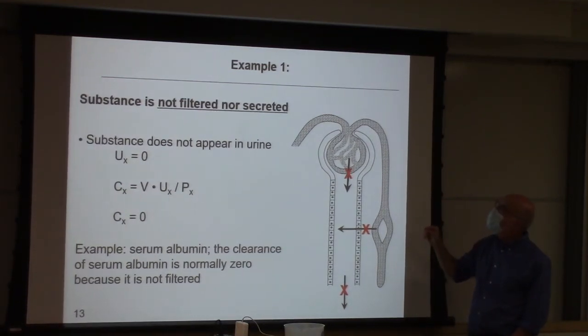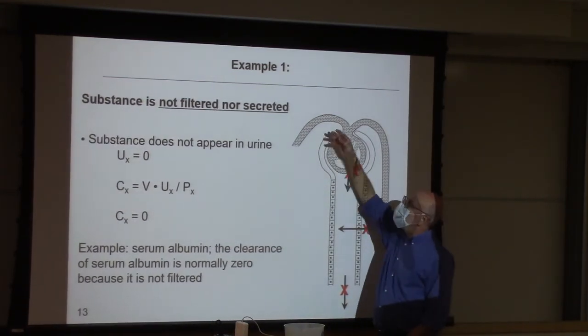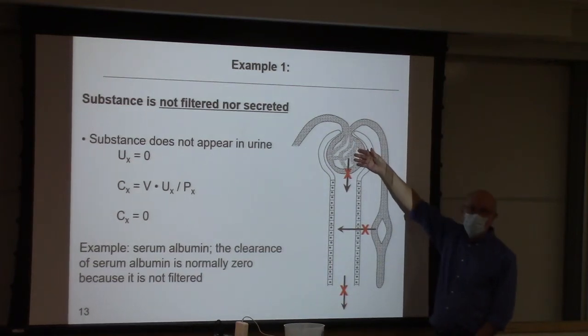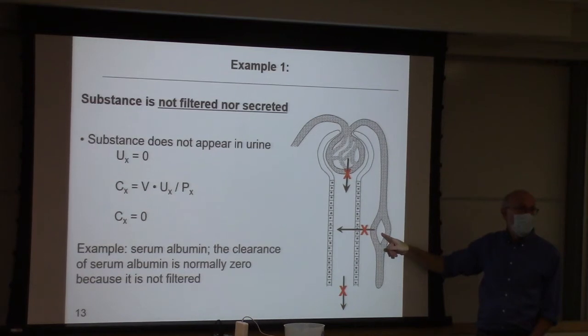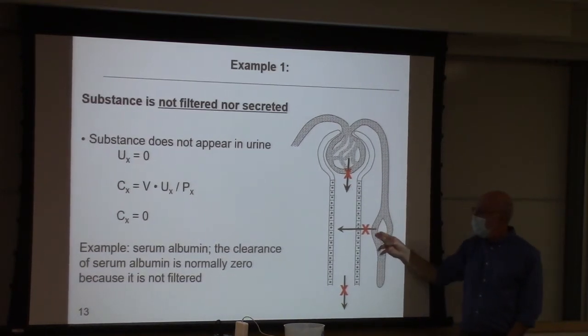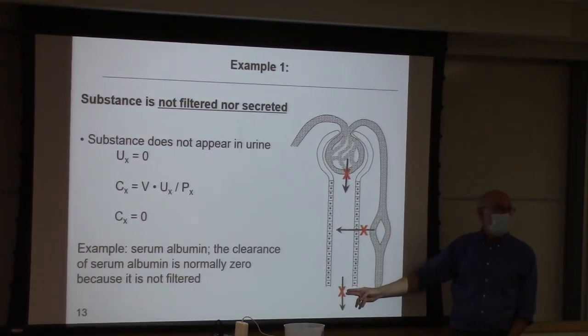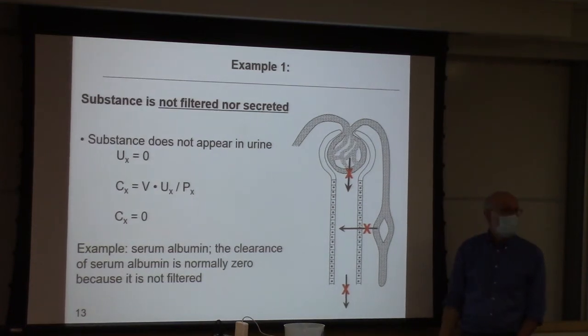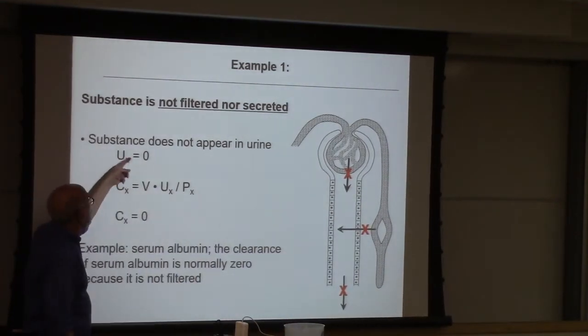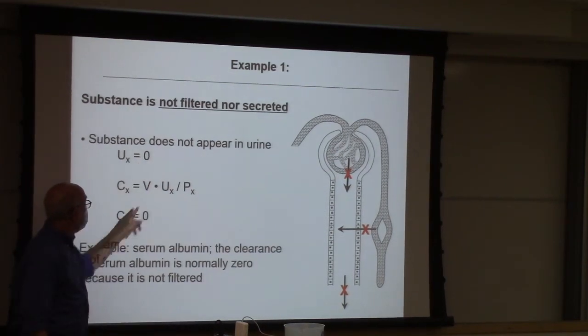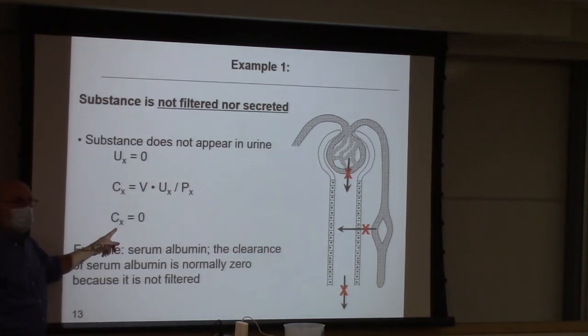Okay, so let's take an example. The substance is not filtered and is not secreted. So if it's not filtered and it's not secreted, then none of it is going to end up in the urine, and the clearance is 0. You can convince yourself of that by plugging in the urine concentration is 0 into here, so the clearance is going to be 0.